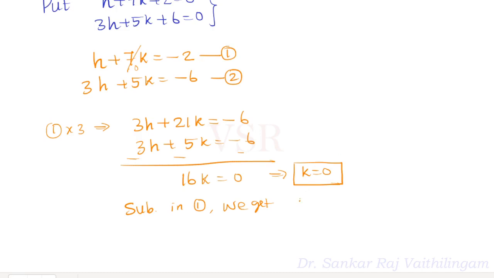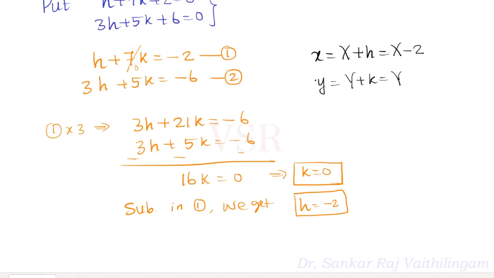So small x is equal to capital X plus h, which is capital X minus 2, and small y is equal to capital Y plus k, which is capital Y. From this we find capital X and capital Y: capital X is equal to small x plus 2 and capital Y is equal to small y.